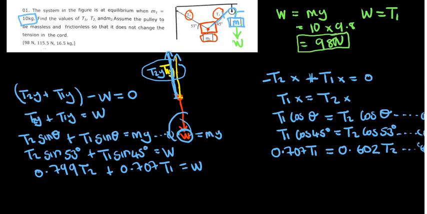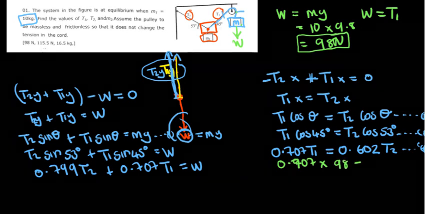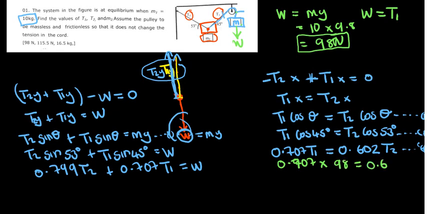So now we have more data, such that we can calculate for any variable here. Let's start plugging in what we have. Since we have our tension 1 as 98, we can say 0.707 multiplied by 98 should be equal to 0.602 T2. Now we multiply 0.707 multiplied by 9.8.